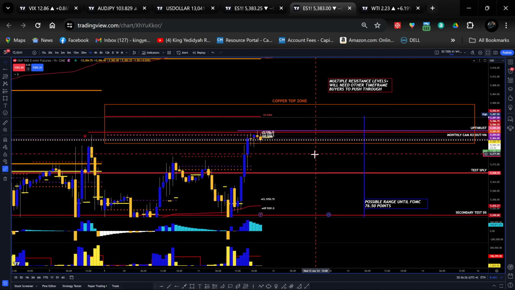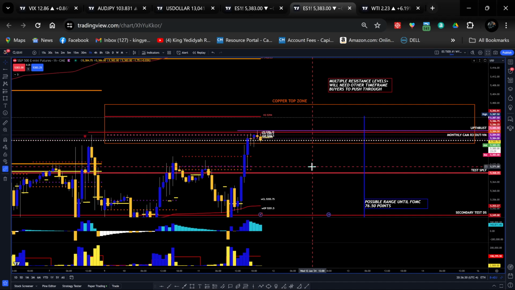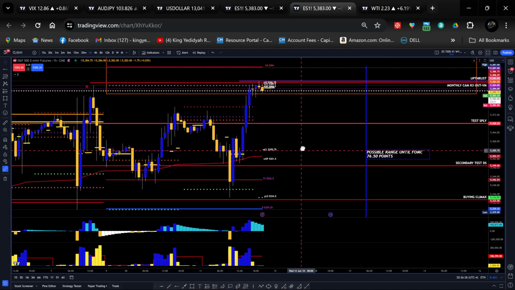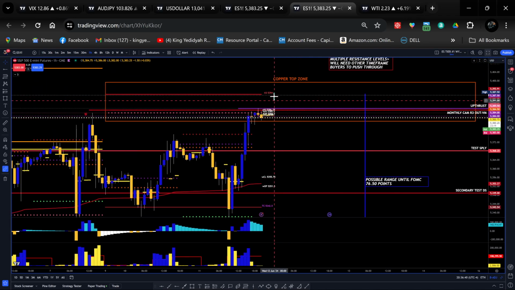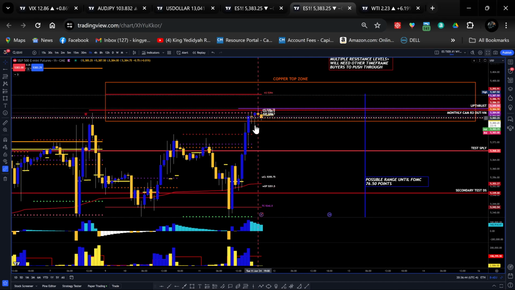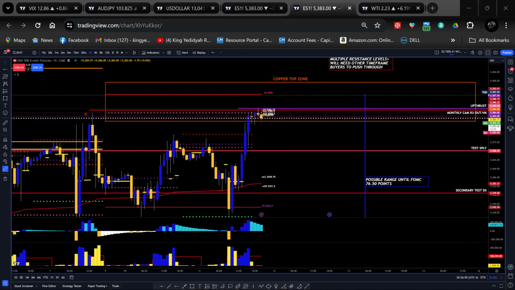This is the thing I noticed: when these FOMC meetings come out, or when major news comes out around, let's say, a resistance level like this, it's an opportune time for price to spike into these resistance levels and then fade, right?